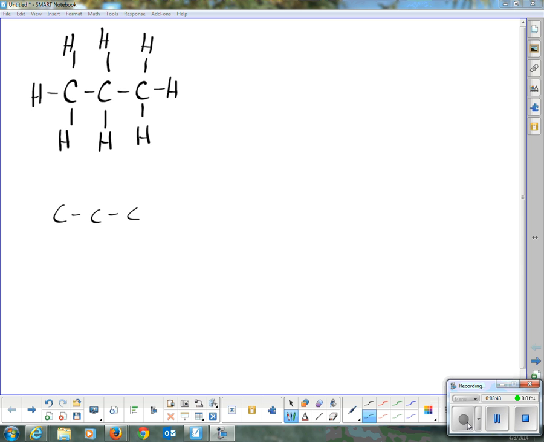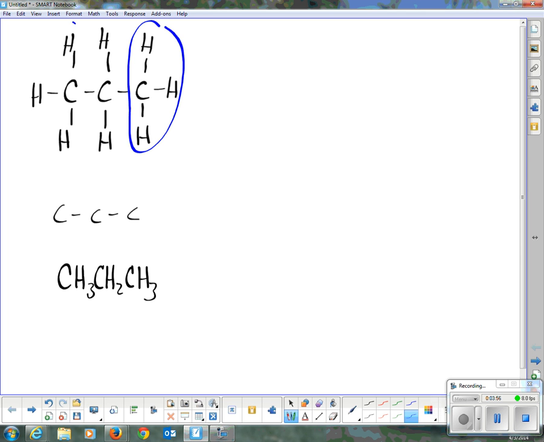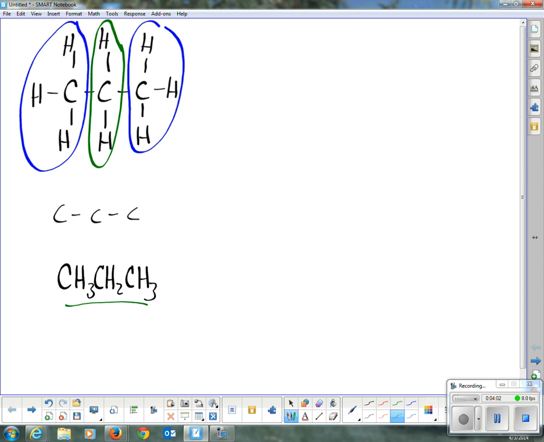Another version is what is called condensed, where you have CH3, CH2, CH3. And if you notice up above, my CH3 is on the end, and my CH2 in the center. That's what I've written right here. So there's that way to write it.